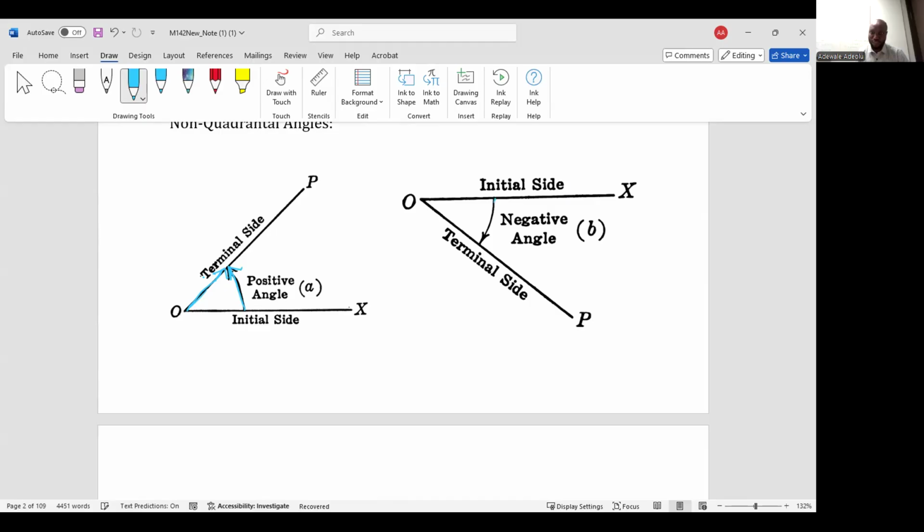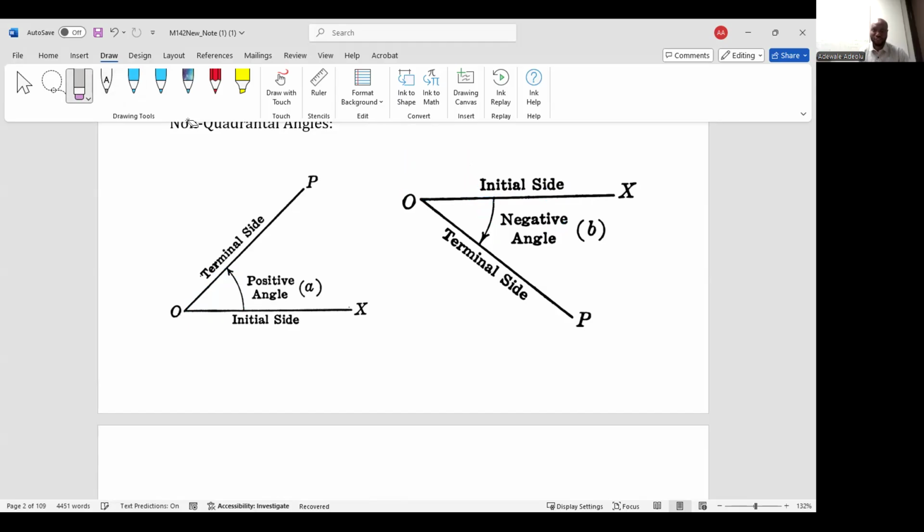For this, we are going in a clockwise direction, and we claim that the angle here, let's say this is theta, is a negative angle. So do not forget, when we start from the initial side, this is the ray for the initial side, and we are going in a clockwise direction, then we have a negative angle. If we go in a counterclockwise direction, then we have a positive angle.